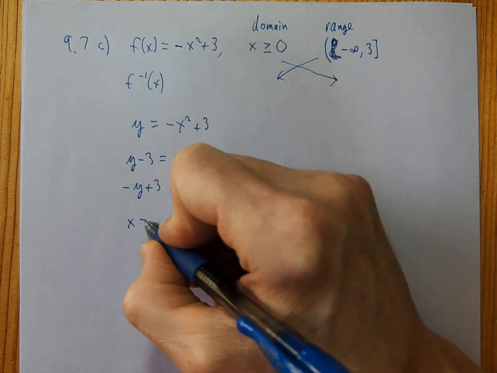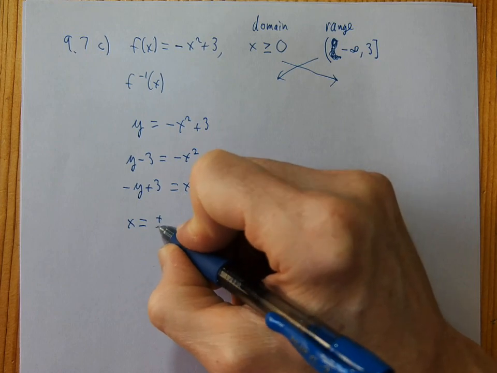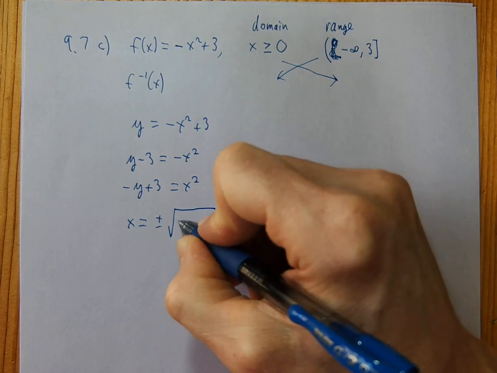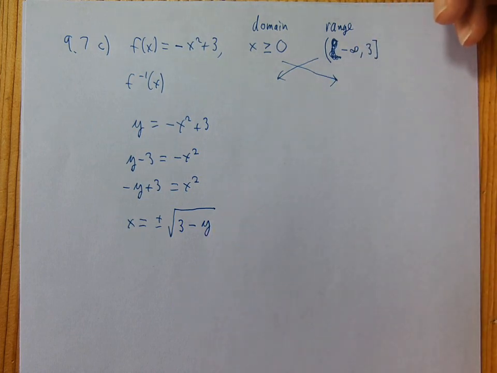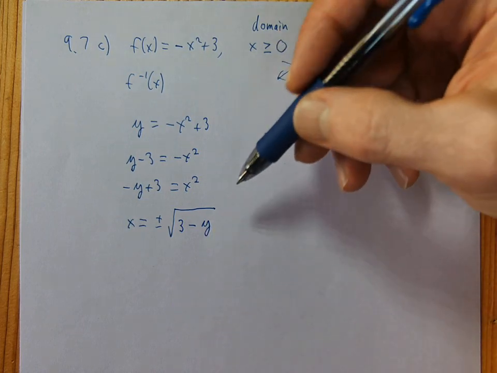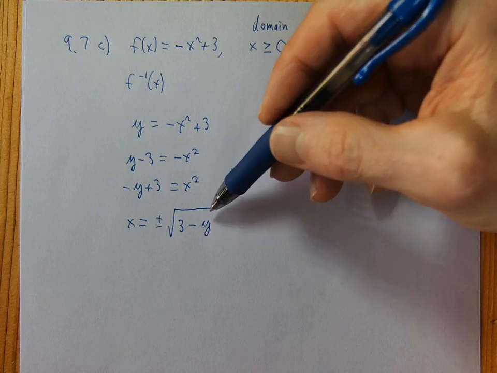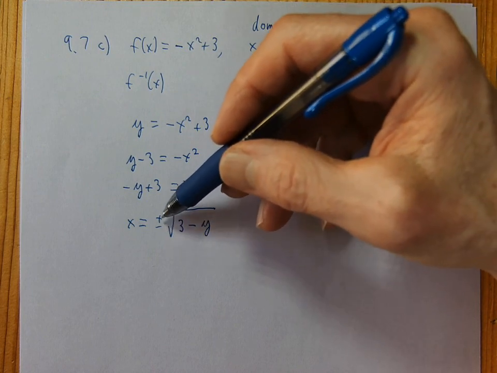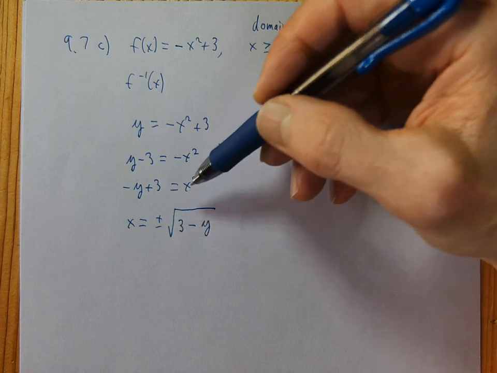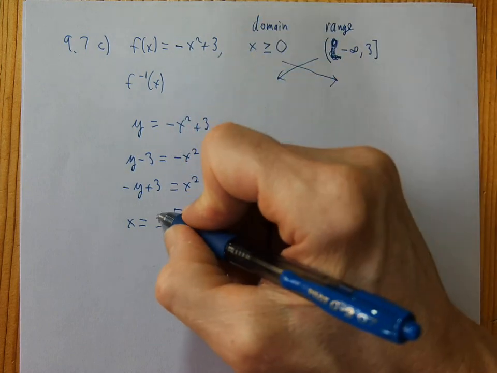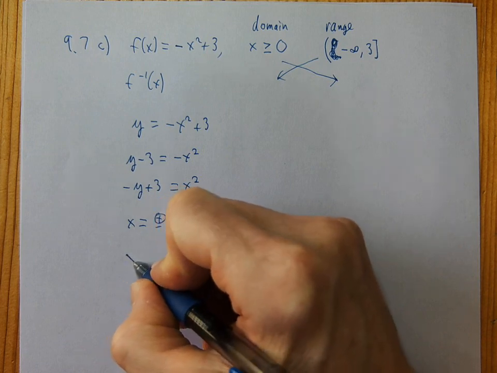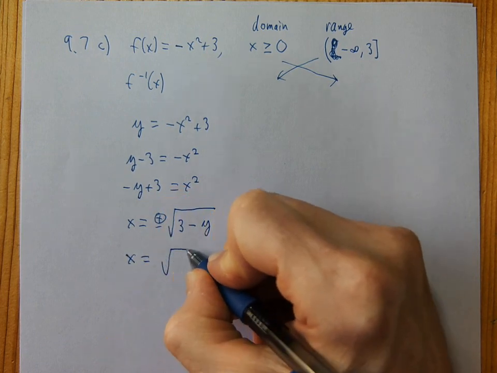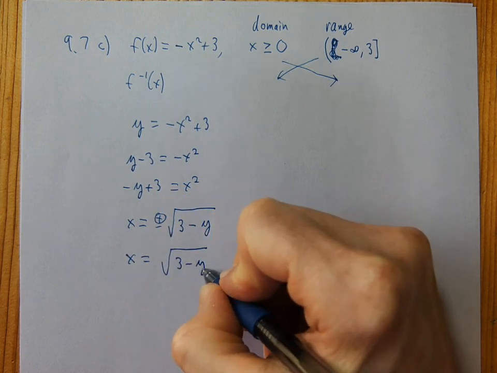So x is equal to plus or minus the square root of 3 minus y. Okay, but x is greater than or equal to 0, so it can't be negative, so we have to choose the positive there. So finally our function then we can safely say is x equals the square root of 3 minus y.